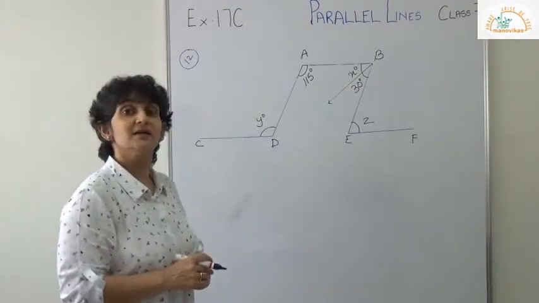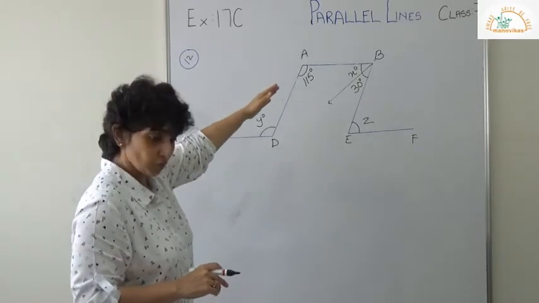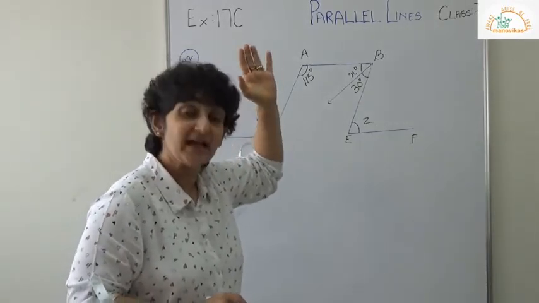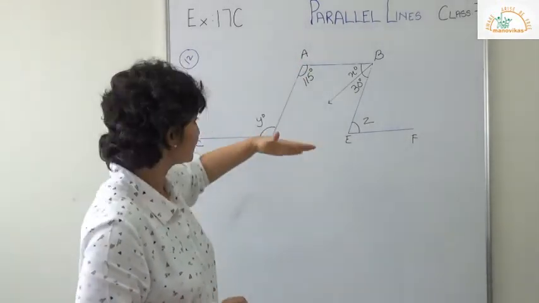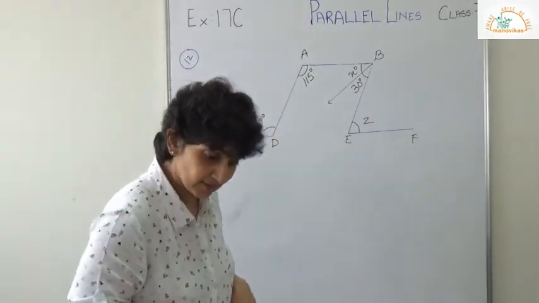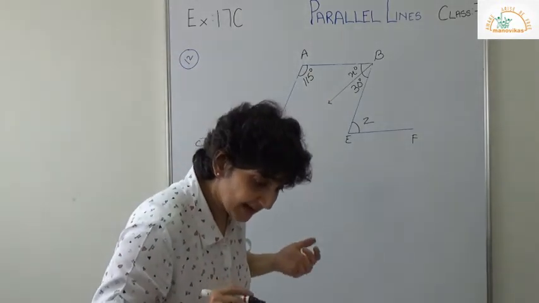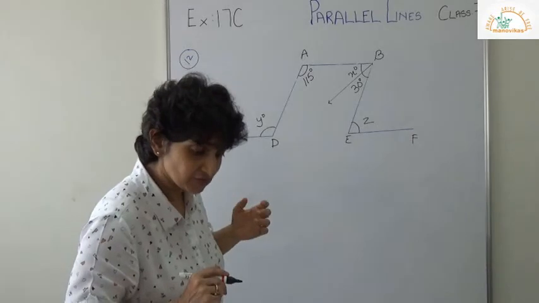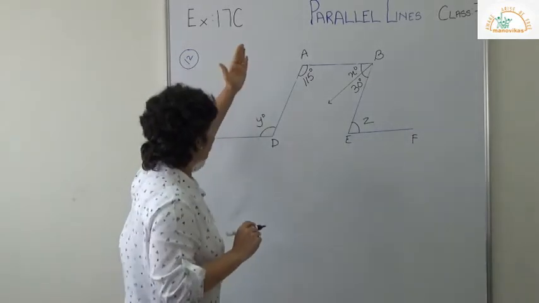Alright, now let's do the 12th sum, children. Now if you look at this figure, you know what does the 12th sum say? In the given figure, AB is parallel to CD, which is parallel to EF, right? Then you have to find out angle XYZ, and they have also said that AD is parallel to BE.